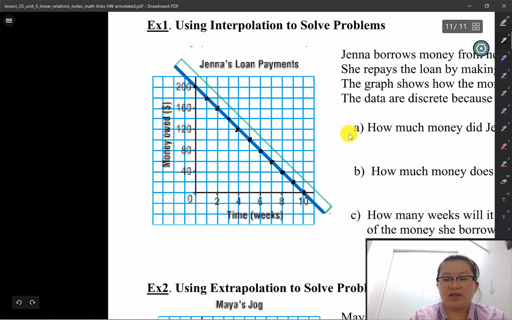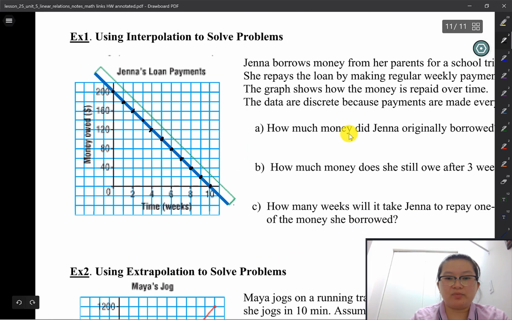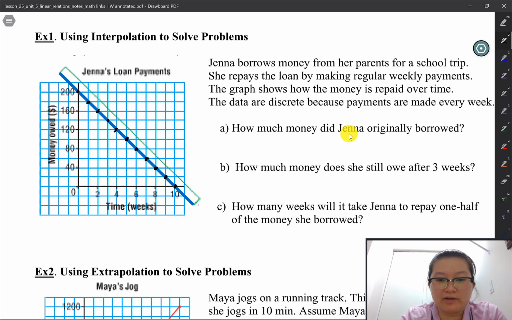Again, we can't use y-intercept form for this question because the data points are discrete. So we can just read the graph. But what we can do is figure out a rate. I wouldn't say it's a slope because it's not a line that we're looking for the slope of.